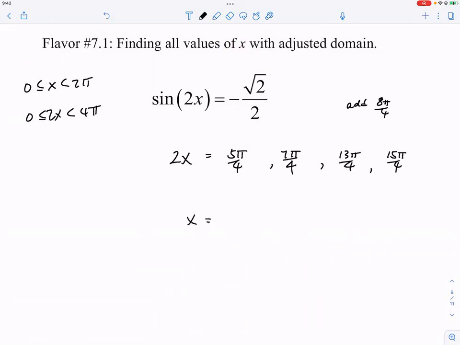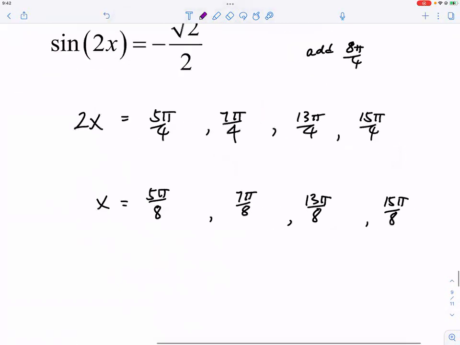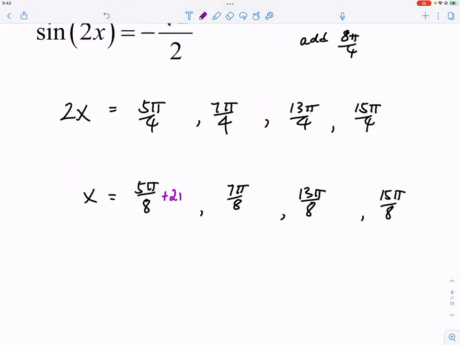And then our x would become 5 pi over 8, 7 pi over 8, 13 pi over 8, and then 15 pi over 8. So the first thing you do is do it as if you are doing just your regular ones from 0 to 2 pi. And then afterwards, since it's for all values, you just tack on 2k pi for all of them.